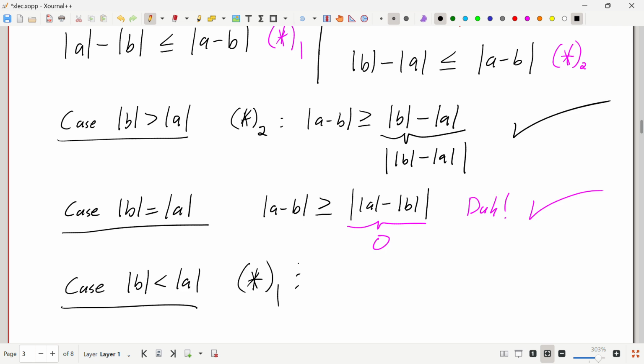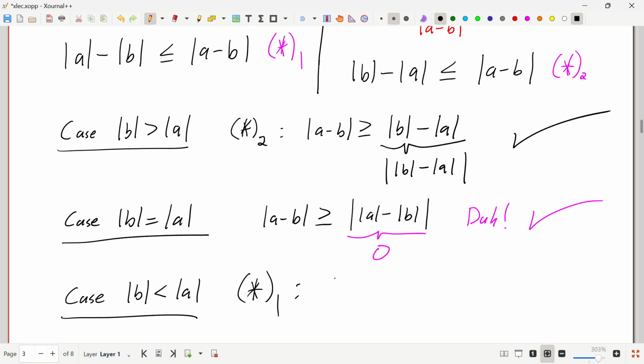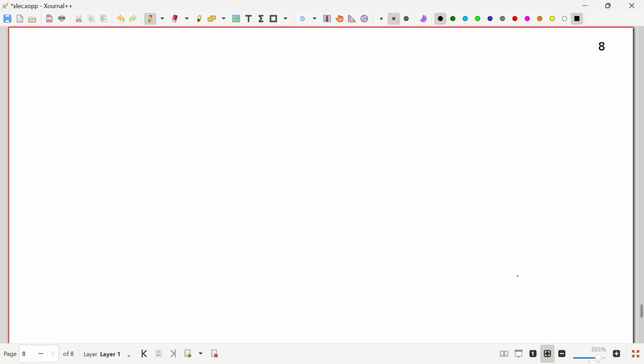It would tell me that the absolute value of A minus B is bigger than or equal to A minus B, and A is the big one this time. So that would be positive. Oops, sorry, what did I do?